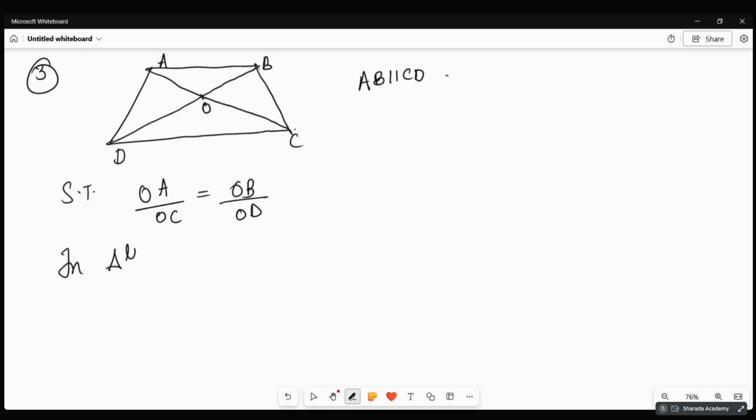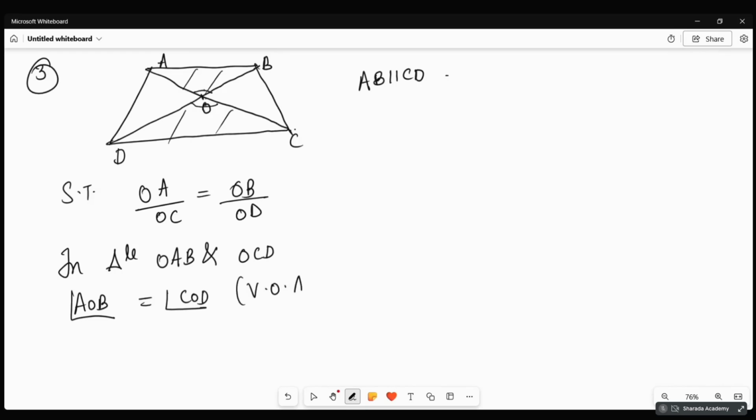In triangles OAB and OCD, these two triangles are vertically opposite. Vertically opposite angles, that is AOB angle is equal to COD angle.